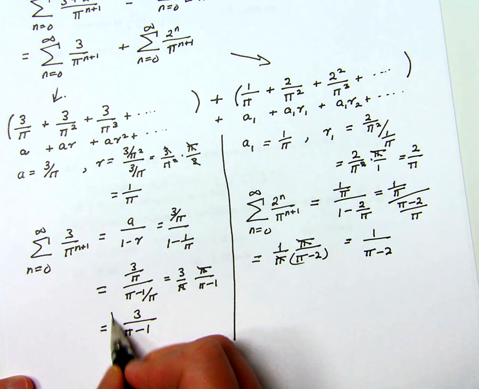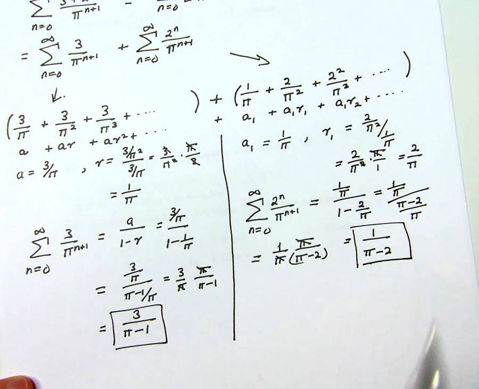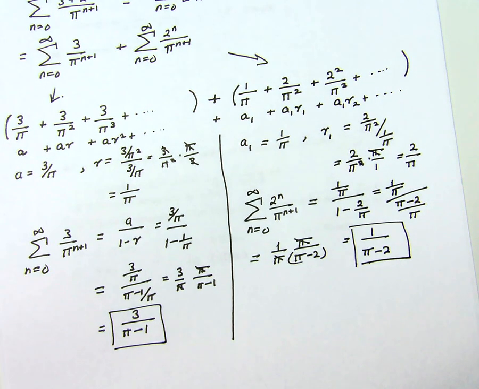These pi's cancel, and it's 1 over pi minus 2. So I have the sum. The first series is 3 over pi minus 1. The second is 1 over pi minus 2.